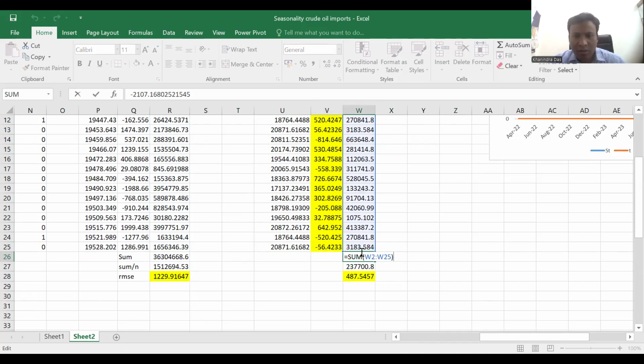The sum is over 24 values, divide by 24, and take the square root, you get only 487. So 487.5 is my forecast error for this method.